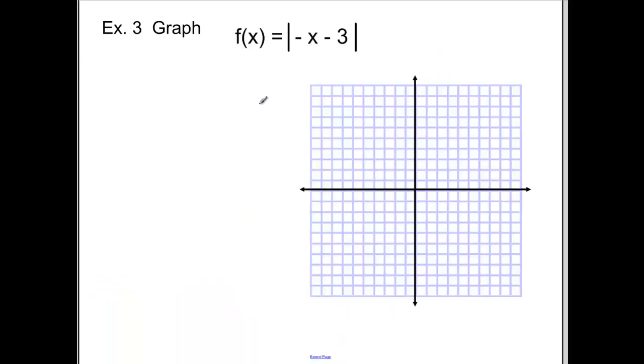So for our example right here, we have negative x minus 3 inside the absolute value function. So hopefully you can see right away that our parent function is the absolute value function. So our parent function here is y equals the absolute value of x.